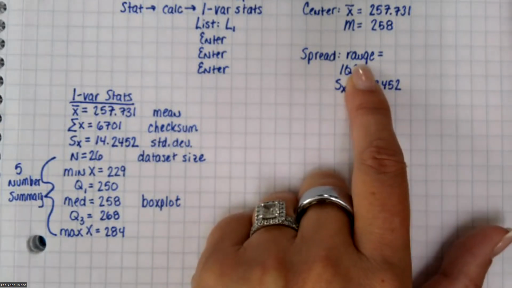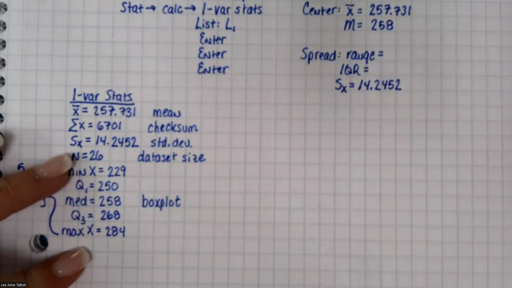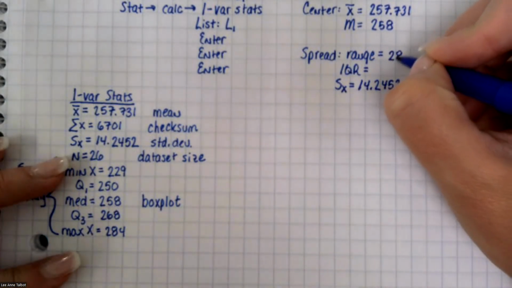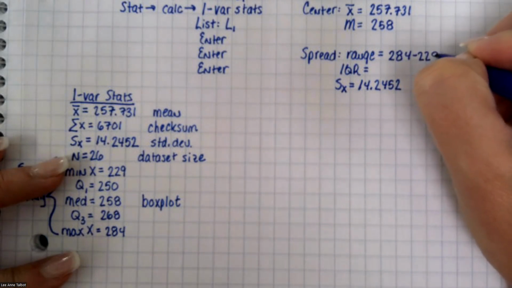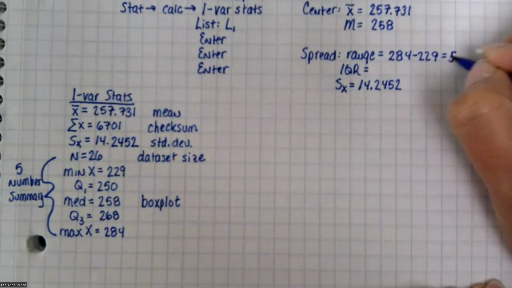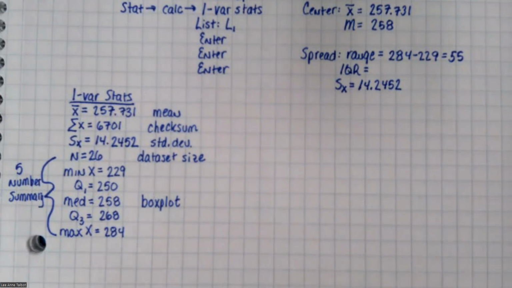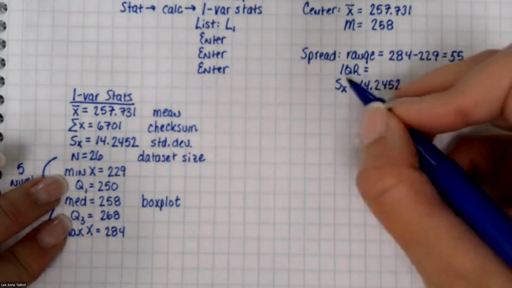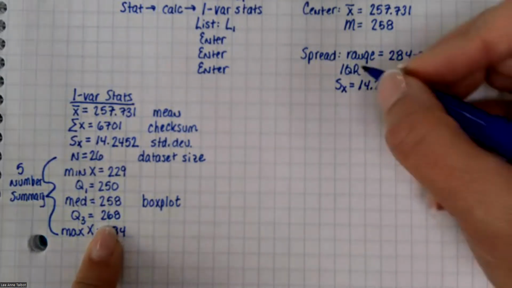Range is max minus min. So come over here and get your max and min. And then interquartile range, IQR is Q3 minus Q1.